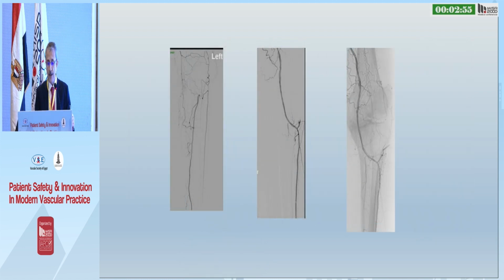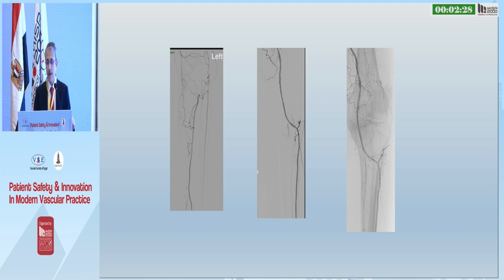There's another lesion. Again, it's a single run-off vessel, another nerve-wracking lesion. With those lesions, we have a very good team, surgeons and interventional radiologists. We have very good surgeons, and in those cases, yes, the preferential choice is open, but frequently those patients are not suitable for open for one reason or another.